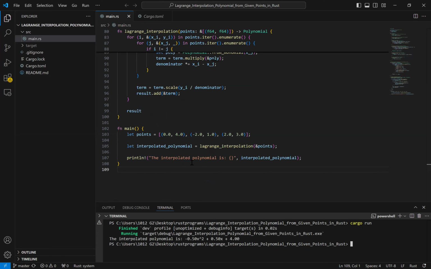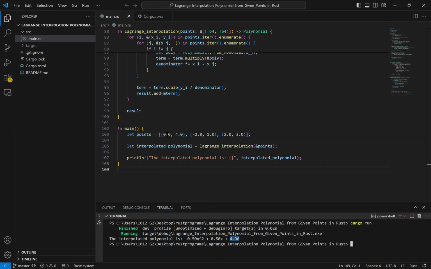Yes, it tells me, and we had done this question. And we got negative a half x squared plus a half x, then plus 4. It has given us the polynomial.